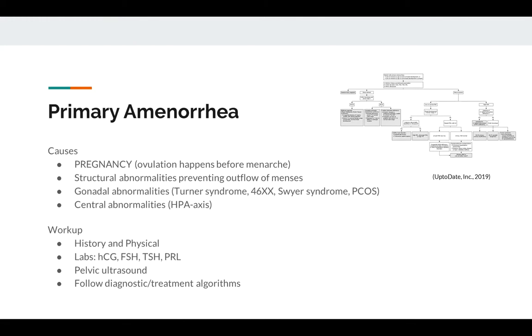And then from there, you're going to take this information, and there are a lot of diagnostic and treatment algorithms that you can use to help you determine the next step. I'm not going to go into each of those today because it's way more than what you need for this, but just know that these exist and that you need to be able to access these algorithms so that when you're in practice and you see something, or when you get your results back from your FSH, TSH, prolactin, you know what to do with them.